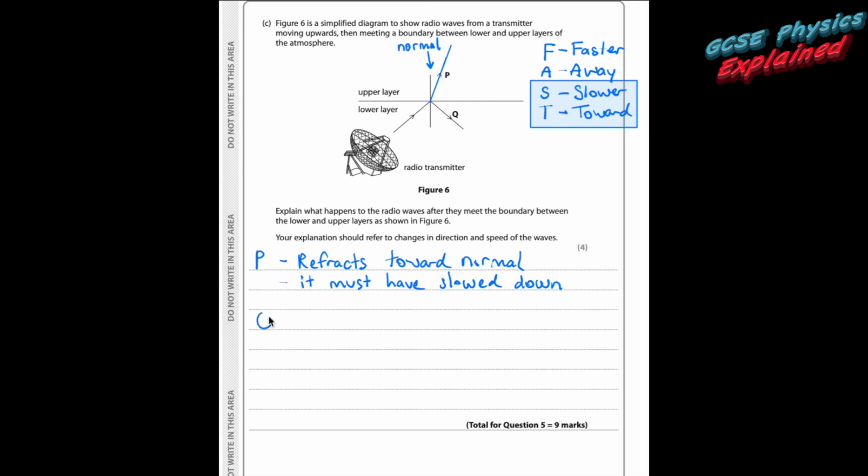And what about Q? Well, Q is basically just reflected off the upper atmosphere, and there will be no change in speed. And we know that because that angle there was the same as that angle there. I equals R.